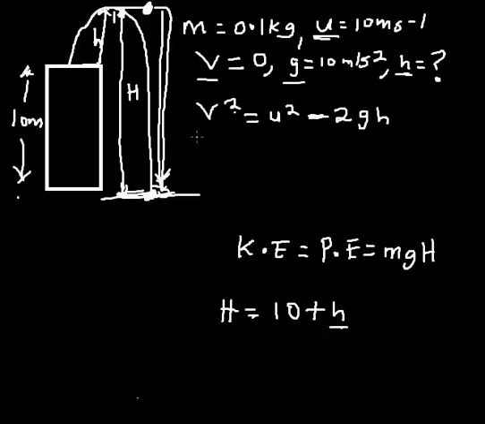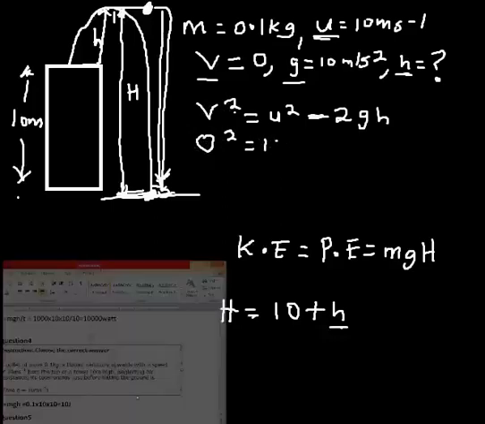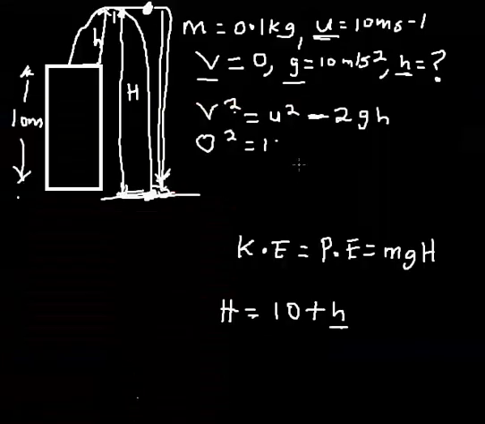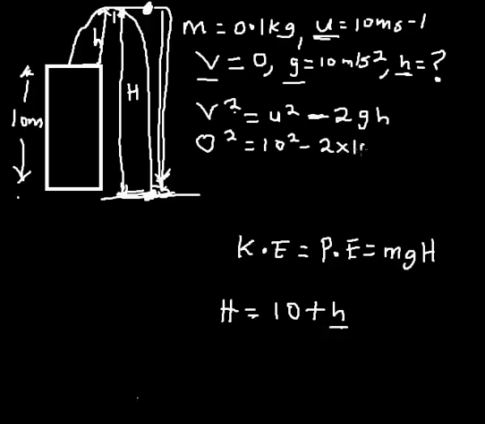So let's start putting in our values. Of course, v is 0, so I have 0 squared equals u squared, which according to the question is 10 meters per second, that's 10 squared, then minus 2 times 10 times h. If I take the minus 20h to the other side of the equation, it becomes 20h, and 10 squared is 100.